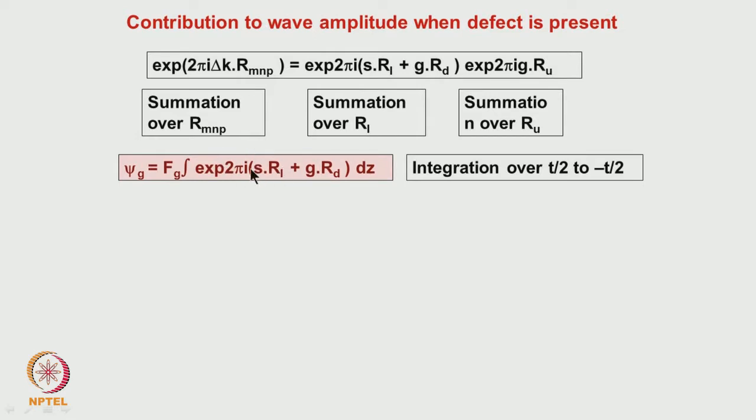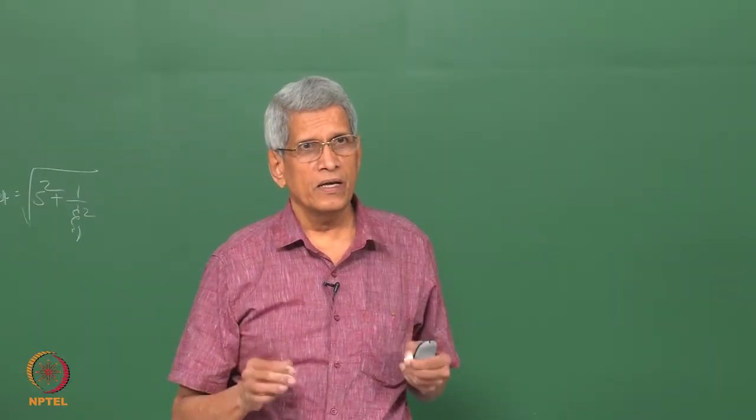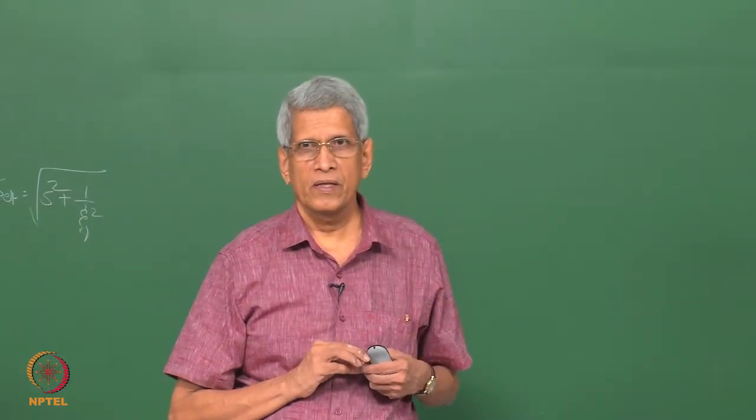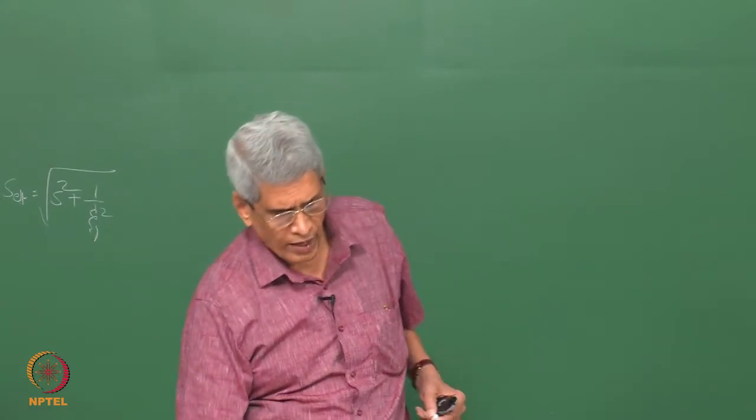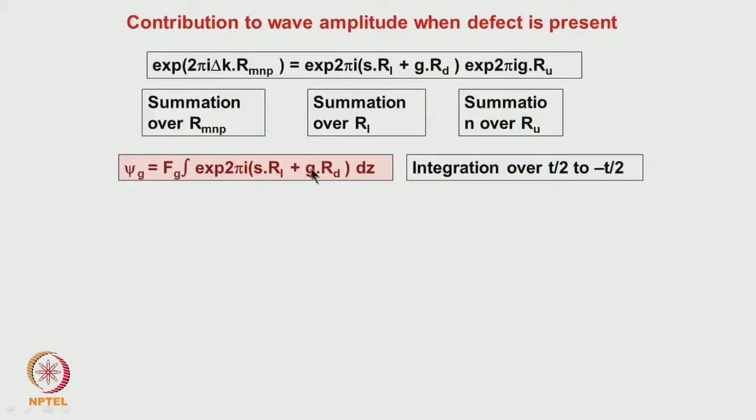This term, what does it correspond to? It corresponds to a perfect lattice, but with a deviation from the Bragg condition. And this term? G is the reciprocal lattice vector, RD is the deviation from the defect vector.